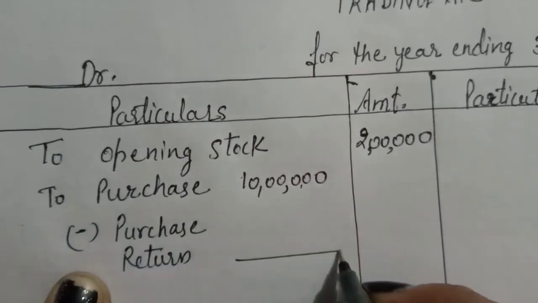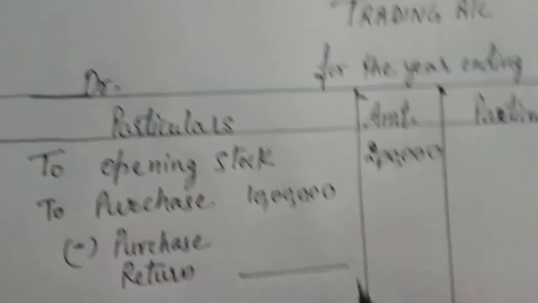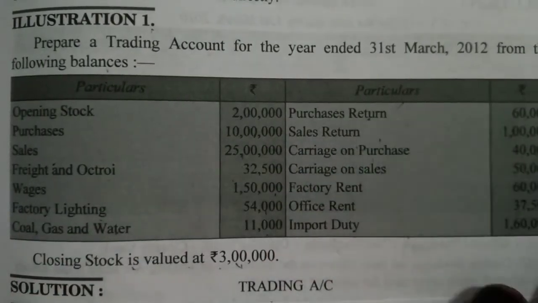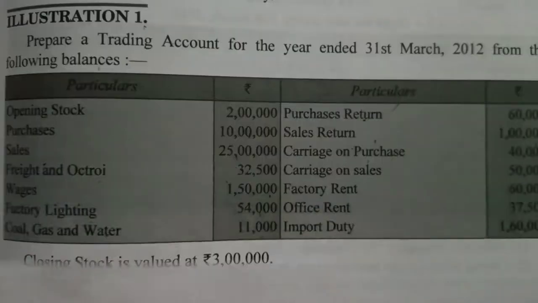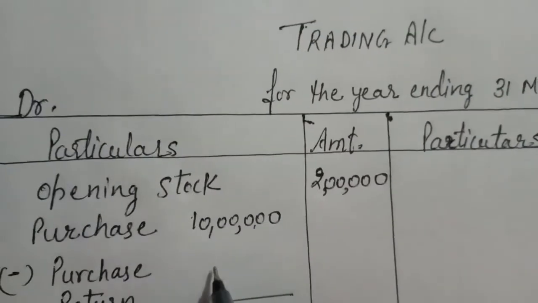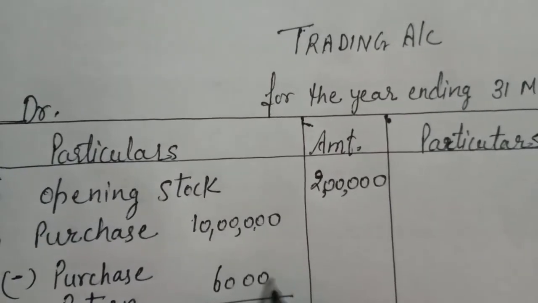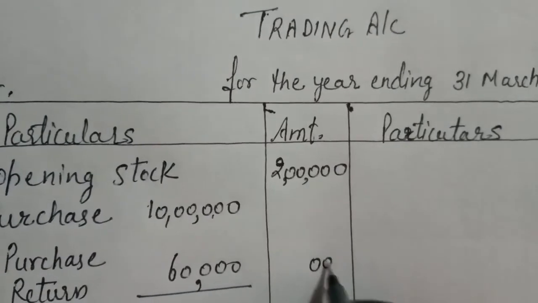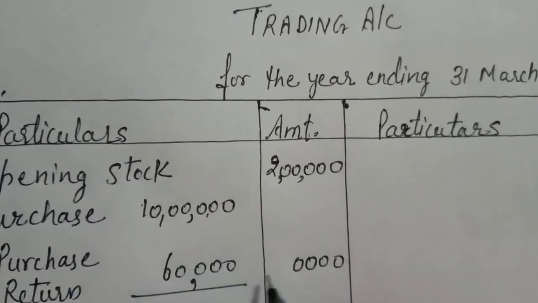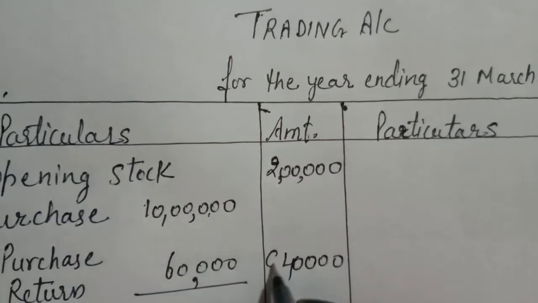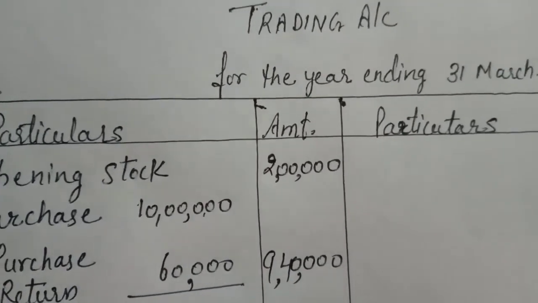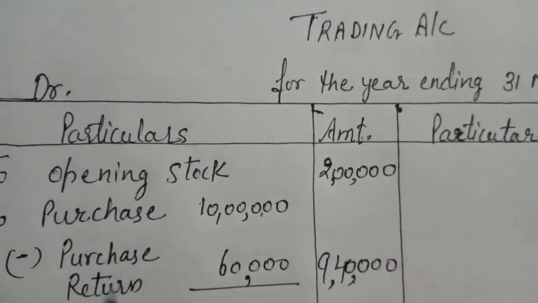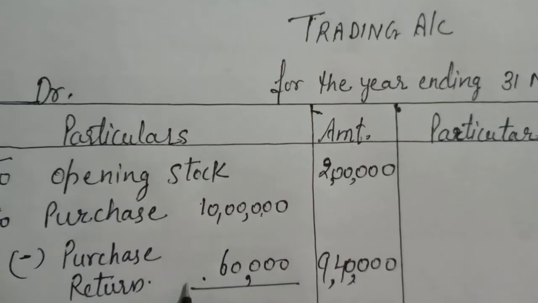Now see in the question whether it is given or not. Yes, it is given here, purchase return of 60,000. So you will write here 60,000 and then deduct it from this. Then what will you get? 9,40,000 will be the remaining amount. If purchase return is not given, then there is no need to write it. If it is given, then you will write it.